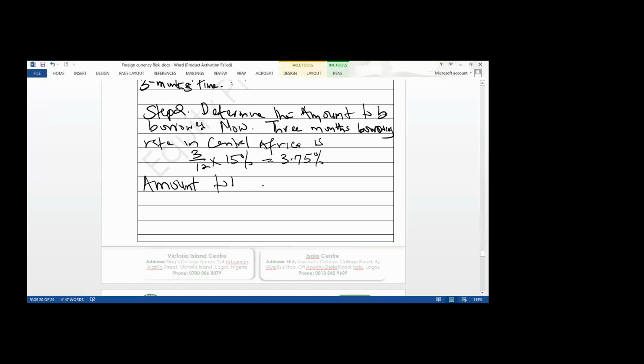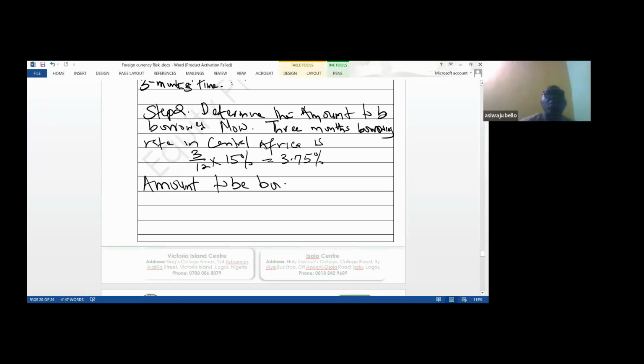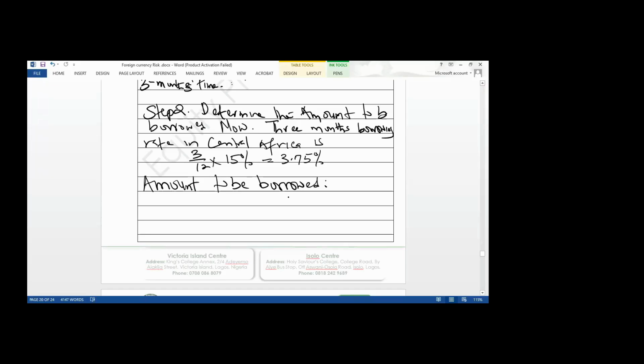The amount to be borrowed now: we want to achieve 6 million in 3 months' time. What is the amount to be borrowed?